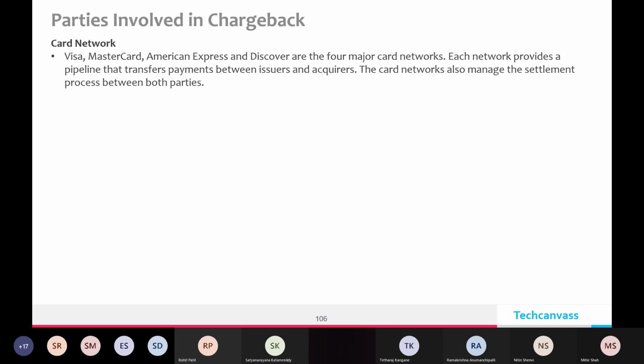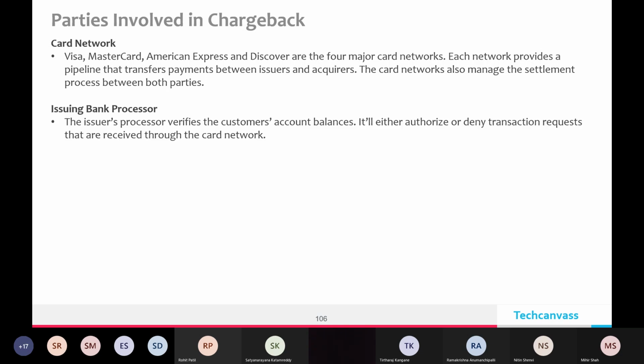And the card network, or card scheme or card brand, all are the same. Visa, MasterCard, Amex, Discover are some of the card networks. The card network is a facilitator of the card transactions, and for the chargeback also, the card network works as a facilitator.